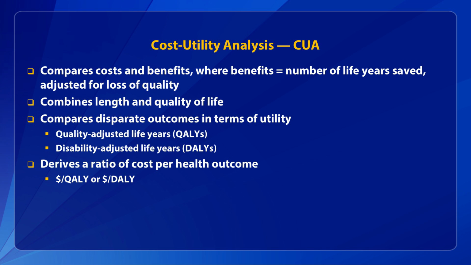In a cost-utility analysis, you could compare interventions that affect different health outcomes by using a quality-adjusted life year. For example, when comparing interventions that affect obesity, nutritional outcomes, and cardiovascular disease. The summary measure in a cost-utility analysis is cost per quality-adjusted life year, or cost per disability-adjusted life year.